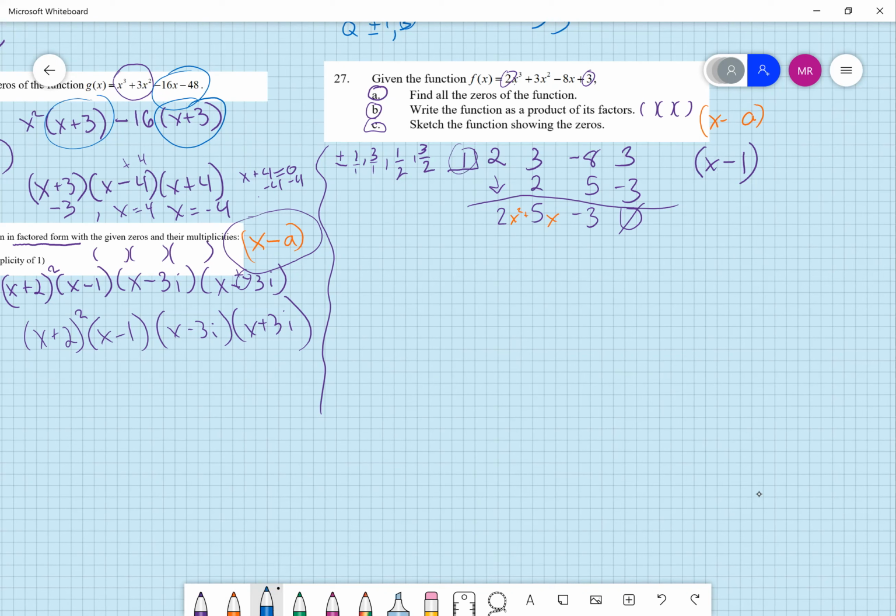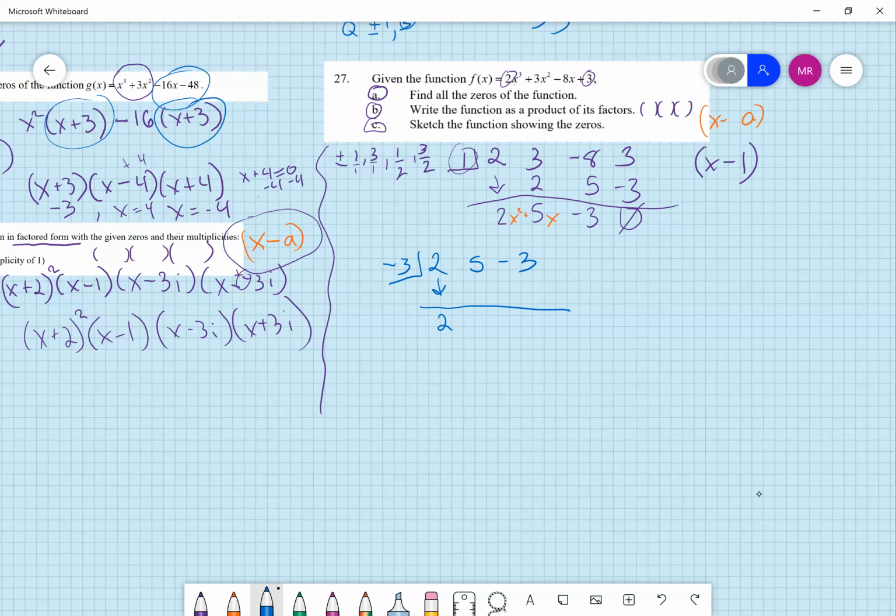Now let's try and figure out another one of our factors here. Let's give negative 3 a try. You could also do the rule of signs to try and figure out how many negative and positive roots to help you here. So let's do negative 3. We've got 2, 5, negative 3. So we're going to do negative 3, bring the 2 down.